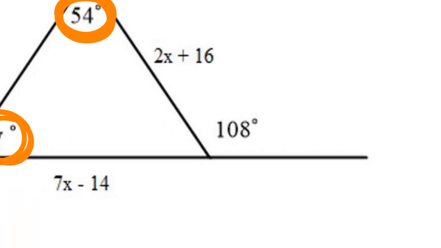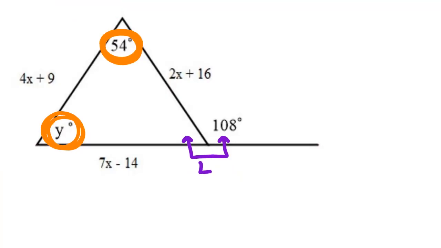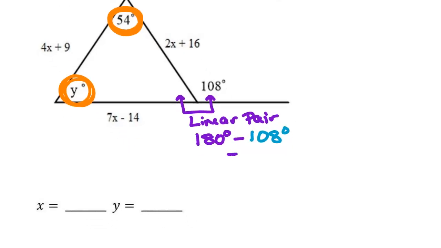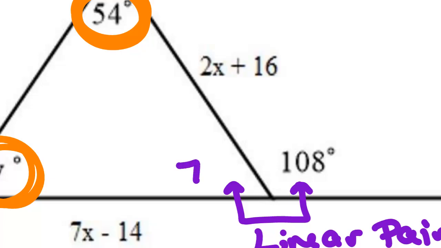These 2 angles right here form a linear pair. So that means I can do 180 minus the 108 that's outside the triangle. What is 180 minus 108? 72. So this angle right here is 72 degrees.